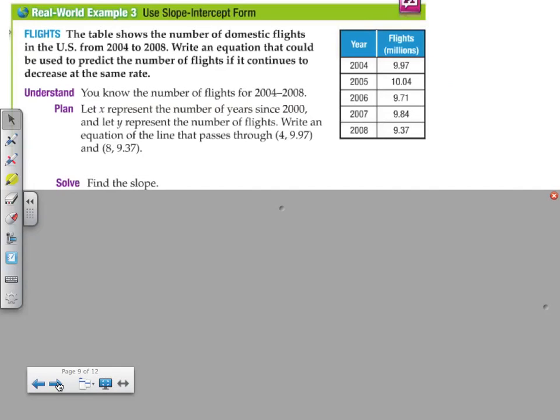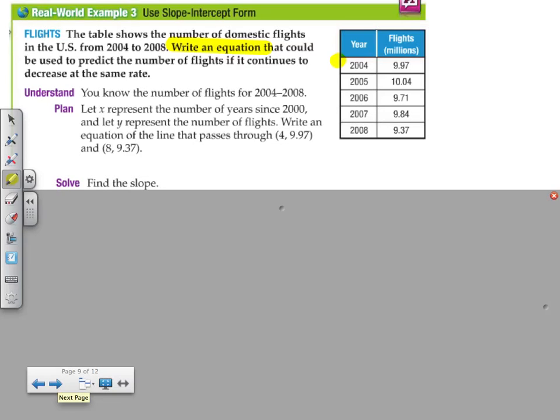All right, here's our real world problem. We have a graph that shows the number of domestic flights in the U.S. from 2004 to 2008. And we have to write an equation that could be used to predict the number of flights if it continues to decrease at the same rate. Okay, so we know the number of flights, right? 2004 is 9.97 million. 2005 is 10.04 million, and so on.